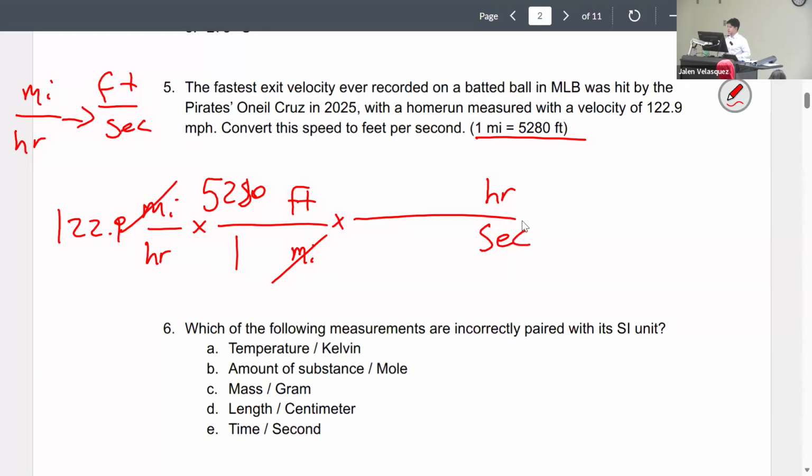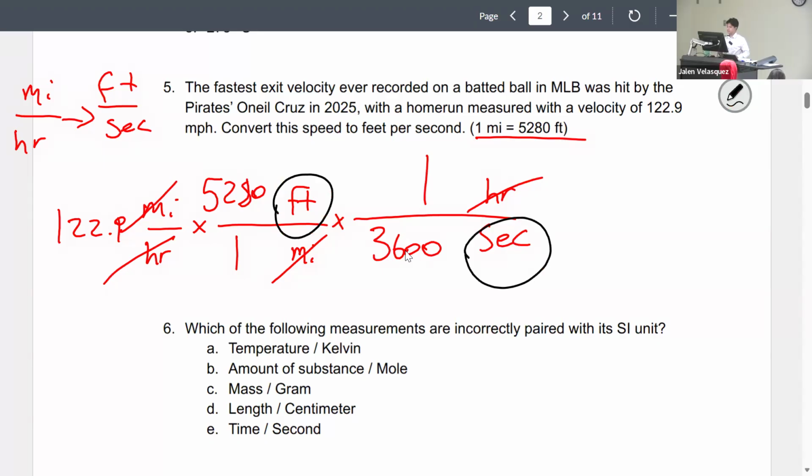And so what's bigger, an hour or a second? An hour, right? So how many seconds are in 1 hour? 3,600, right? In 1 hour, there's 60 minutes. 1 minute has 60 seconds, 60 times 60, 3,600, right? Now your unit of hours canceled away, and what are you left with? You have your feet over seconds, right?